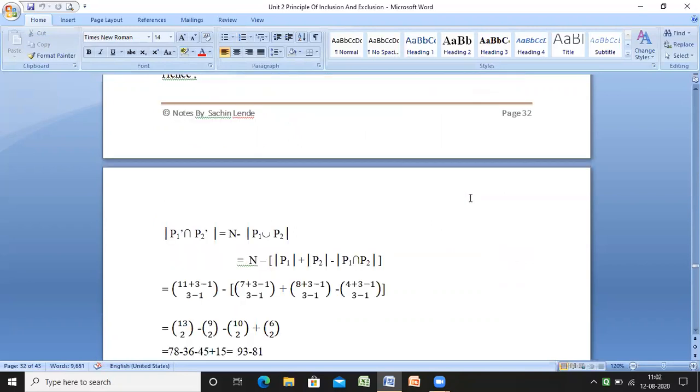Now with the conditions in the formula, in the inclusion-exclusion formula or other formula, we already get the complement value over there.